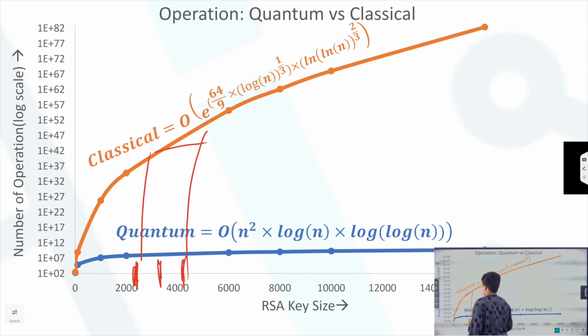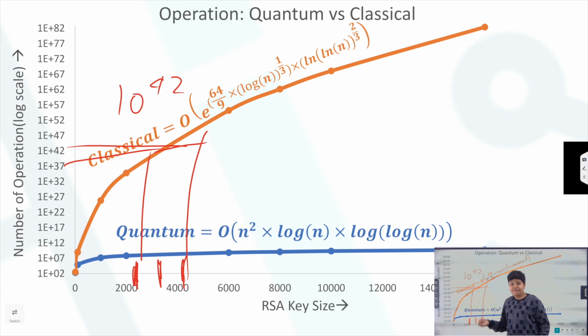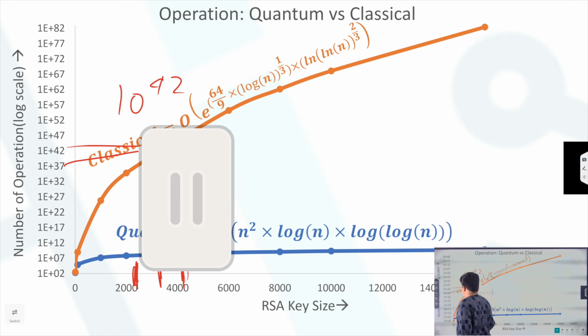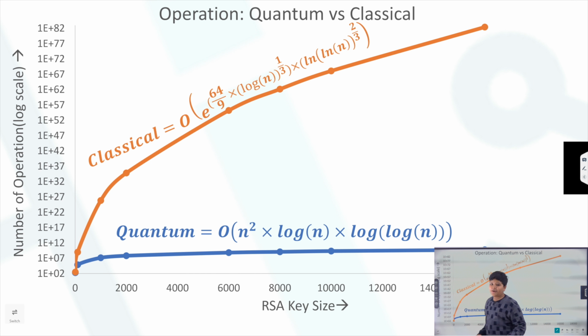And from here you can see you need to do almost 10 to the power of 42 operations to factor these kinds of numbers, and that is going to be way too much. It would take millions and millions of years. So it would just not be feasible to do this on a classical computer.